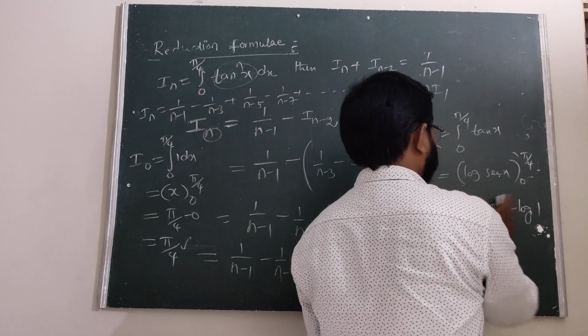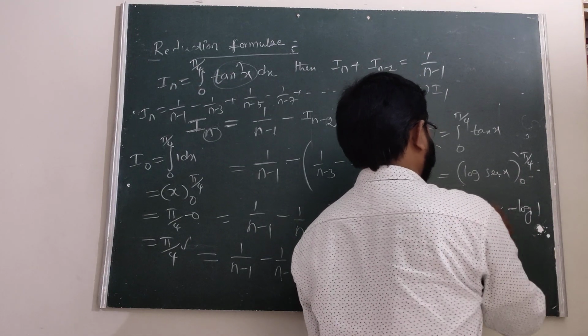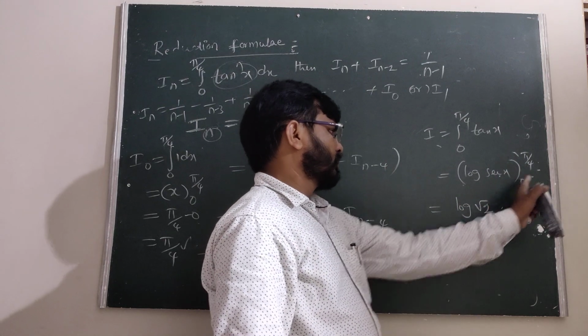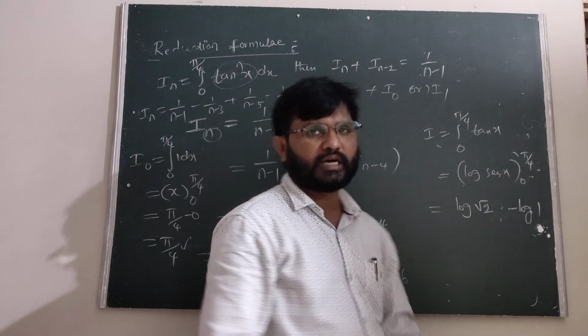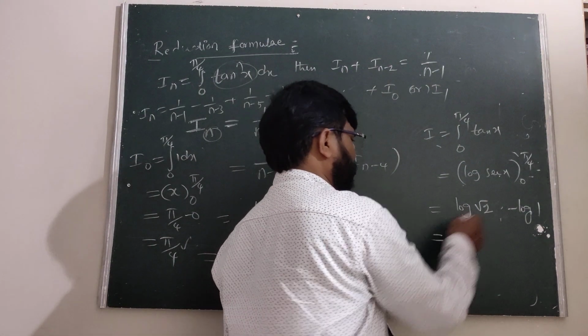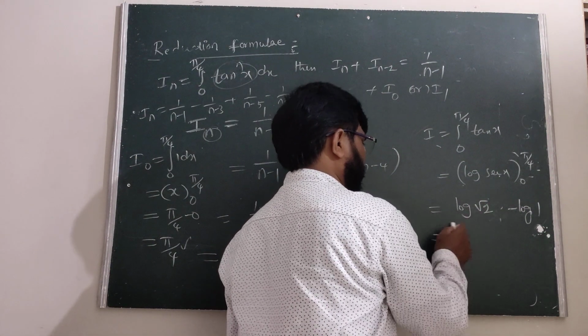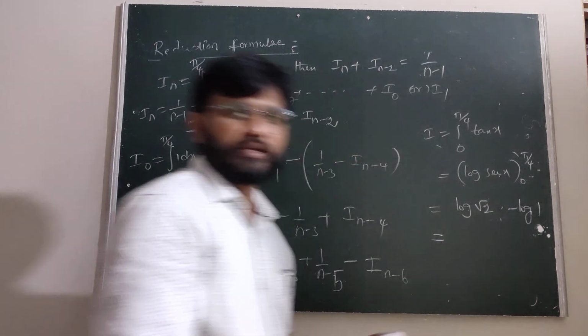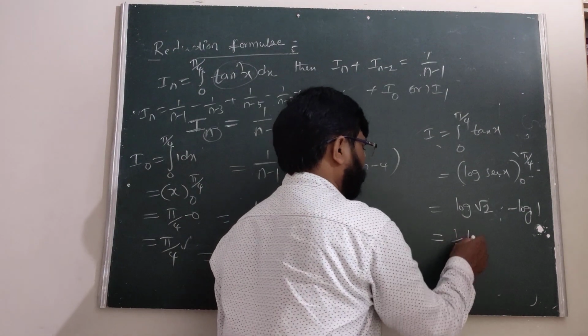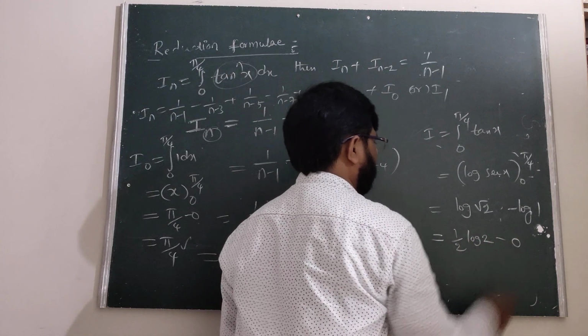Secant of pi by 4 is root 2. Is it clear? Secant 0 is 1, since cos 0 is 1. Root 2 you can write as 2 power 1 by 2. Log a power m is m log a, here 1 by 2 log 2. Log 1 is 0.